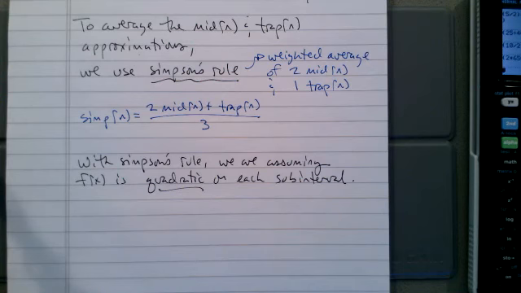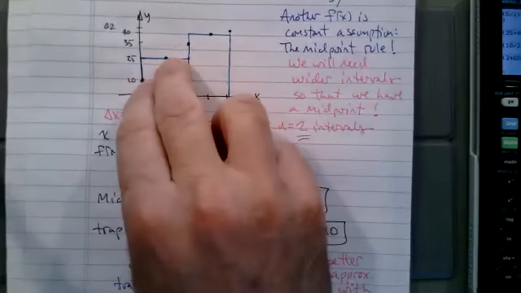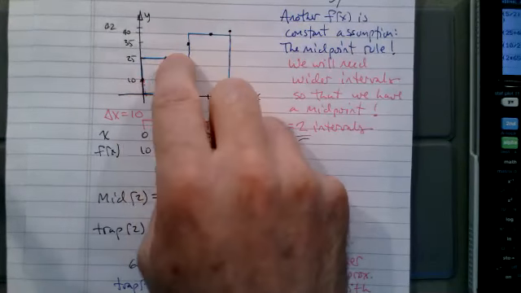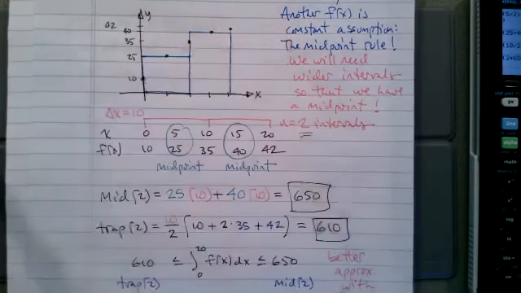So left, right, and mid are all assumptions that the function is constant on each subinterval. The trapezoidal rule is assuming that the function is linear on each subinterval. Simpson's rule is assuming that the function is quadratic on each subinterval. So just taking these 2 points and making a quadratic function connecting them. Then take the next 2 points and make a quadratic function connecting them.